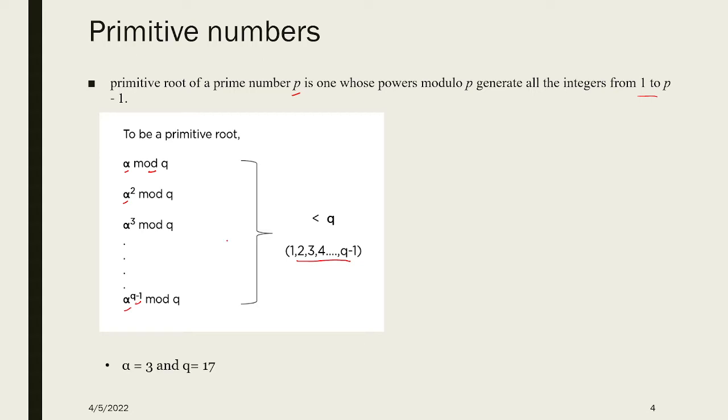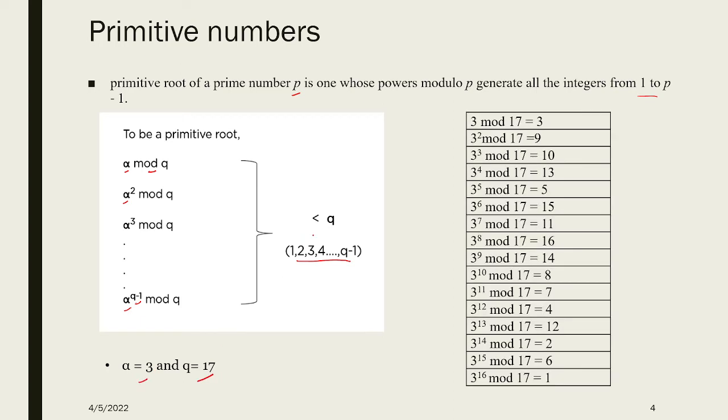For example, here I have taken alpha is equal to 3 and Q is equal to 17. So the first value, alpha mod 17, that is 3 mod 17, will give you 3. 3 square mod 17 will give you 9. 3 power 3 mod 17 will give you 10. It goes on until Q minus 1.